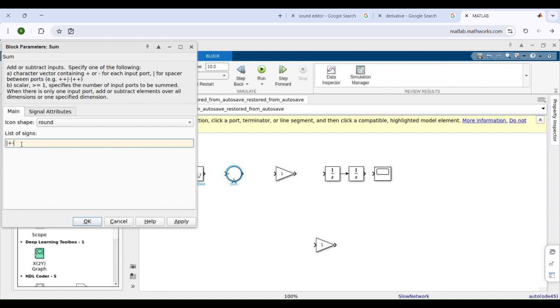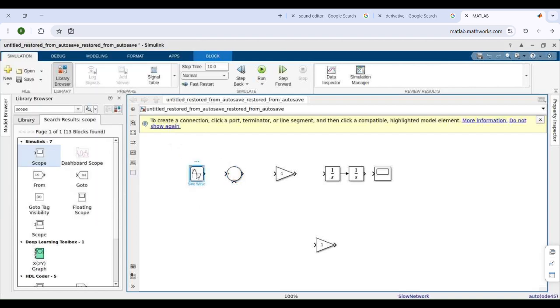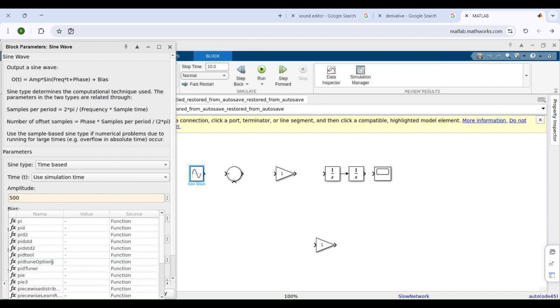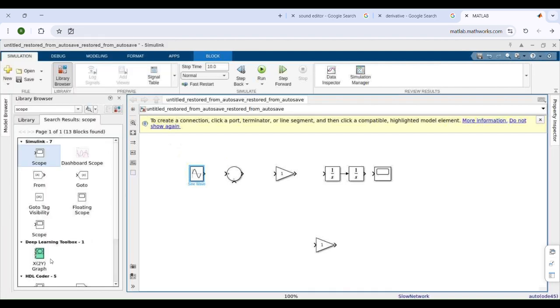What is ft? We have 500 cosine. So the phase will be pi over 2. Then link things together. Flip this.